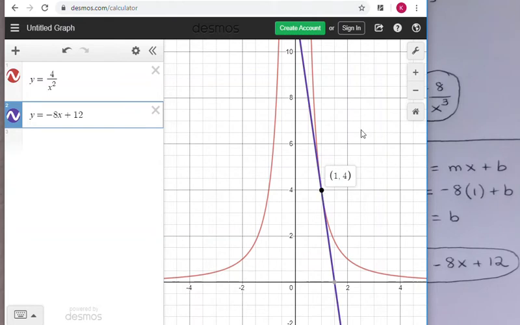That blue line, the tangent line, does appear to just touch our curve at the point. It doesn't seem to cut through two points, it just seems to touch or skim along the curve right there. So it certainly seems to be a reasonable equation for the tangent line that we were supposed to find.